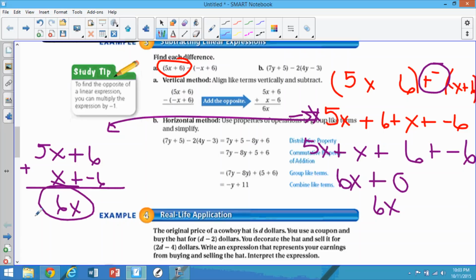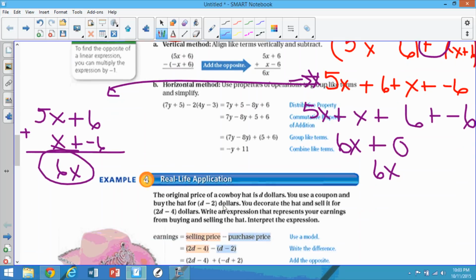That would be your answer. So you go from this step where you distribute that negative, turning the subtraction of the two binomials into an addition problem, and then go right to the vertical and get your answer, and that would be fine.